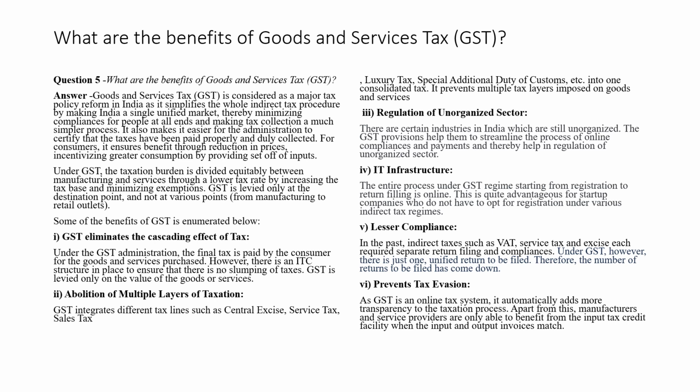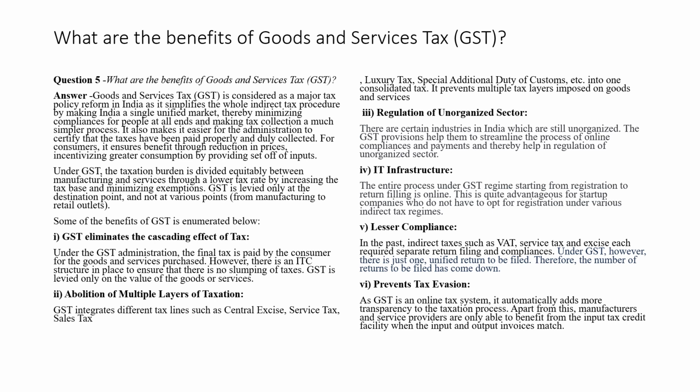GST is levied only at the destination point and not at various points from manufacturing to retail outlet. Some of the benefits of the GST may be enumerated as follows. GST eliminates the cascading effect of tax.